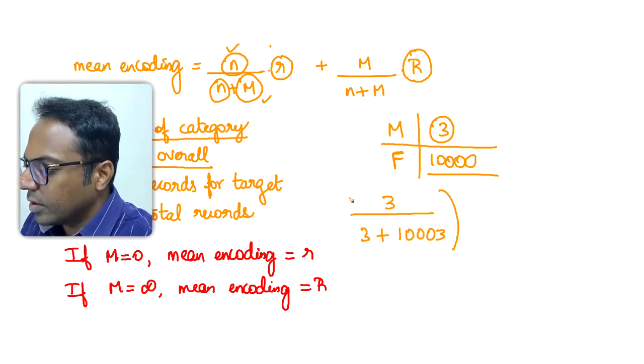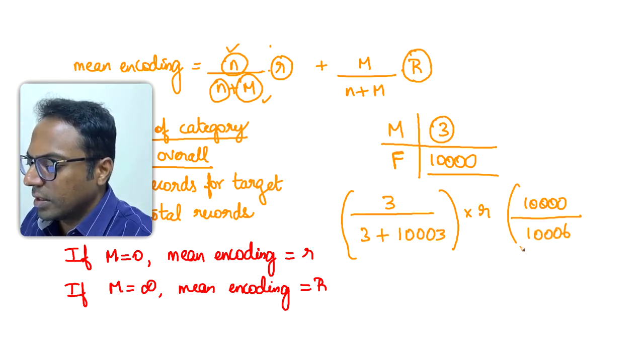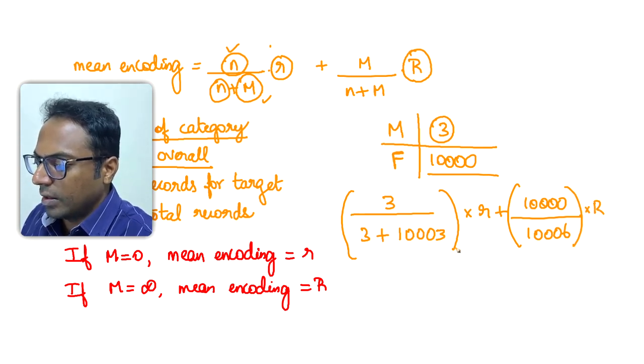This whole term is multiplied by small r, whereas the right hand side term would be 10,000 divided by 10,003 multiplied by capital R.